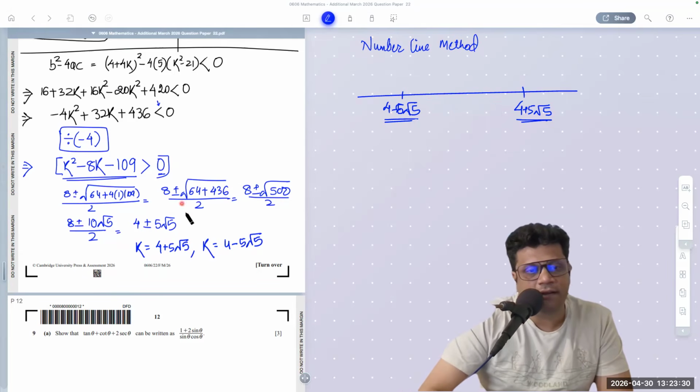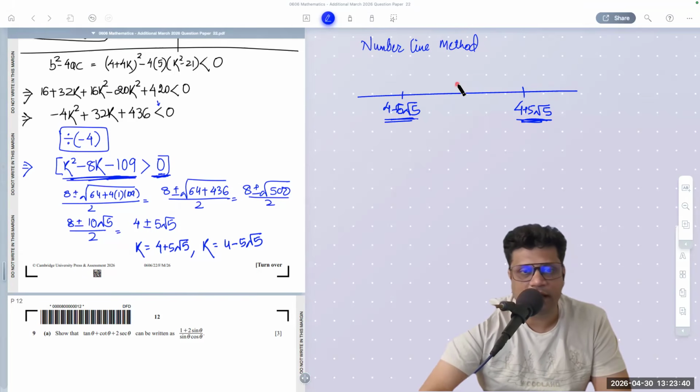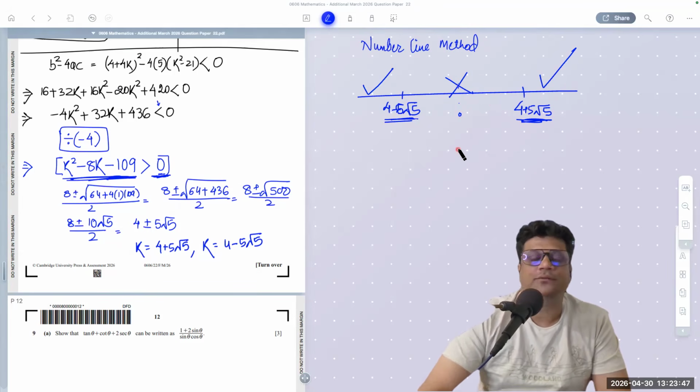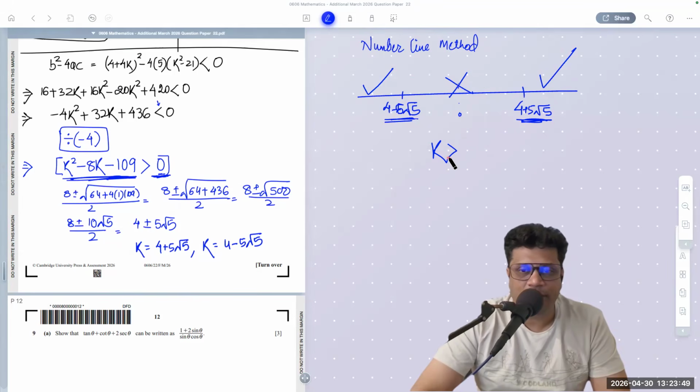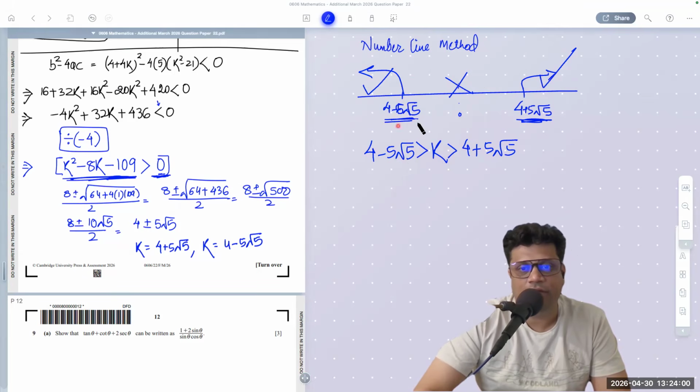I'm going to look for the critical values for which the inequality is true. But this should be greater than 0. This is a negative number, this is positive, so I'm going to take a 0, and it doesn't work. So these are the two values of k. K should be greater than 4 plus 5 root 5, that's to the right. And it should be lesser than 4 minus 5 root 5, that's to the left.